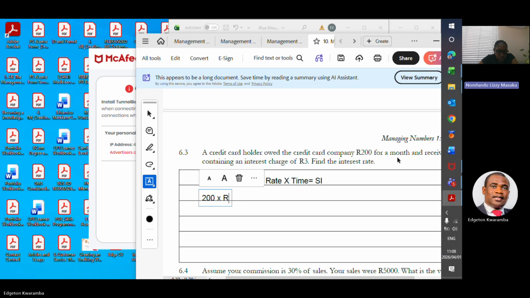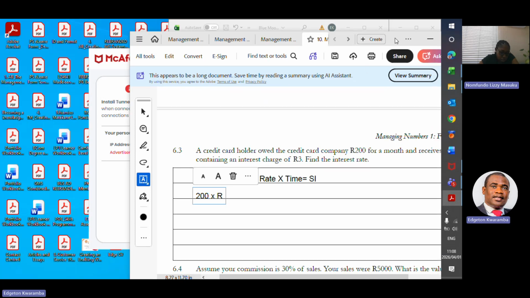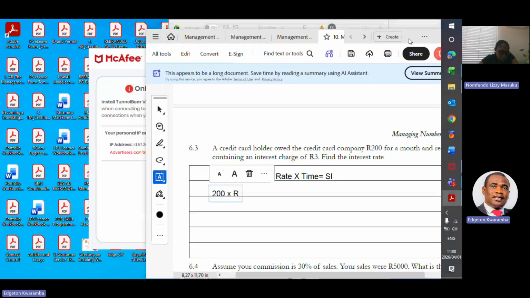Yes, they said for a month. The interest rate we want to find is for the whole year. So the time is a month, so maybe let me say 1/12.